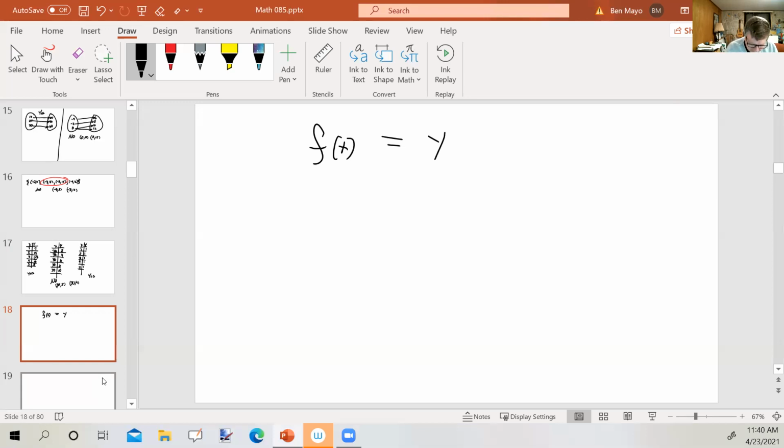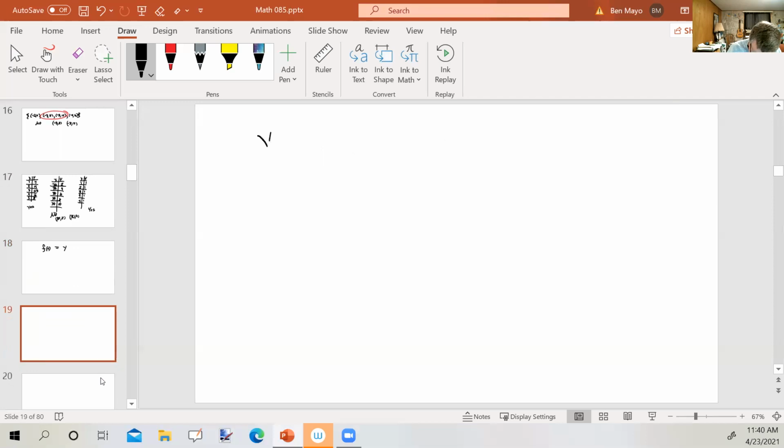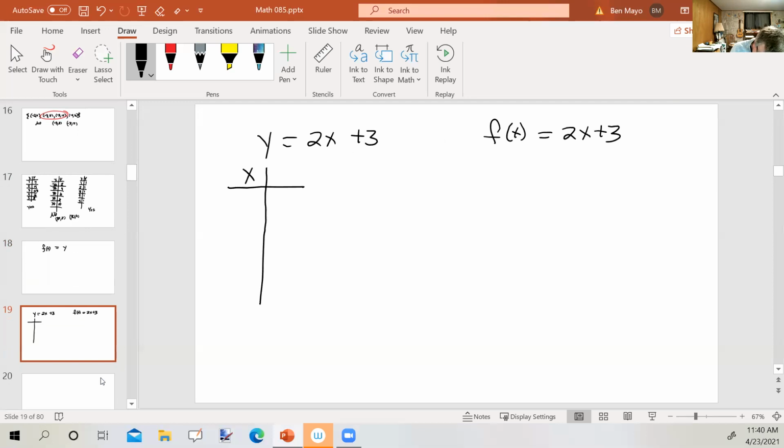For instance, let's say I have the equation Y equals 2x plus 3. The function notation for that would be F of X equals 2x plus 3. Now, let's find some ordered pairs for this equation. Let's say we use -1, 0, 1, and 2 for x.